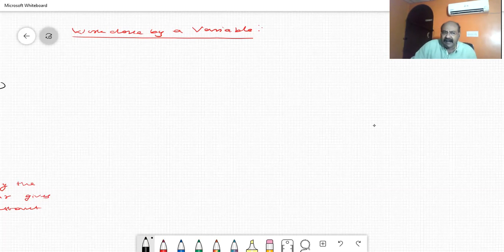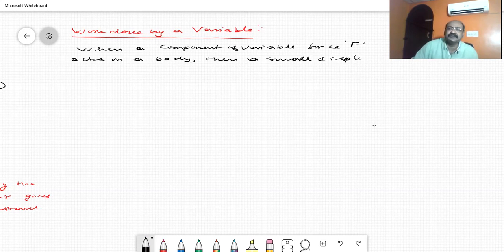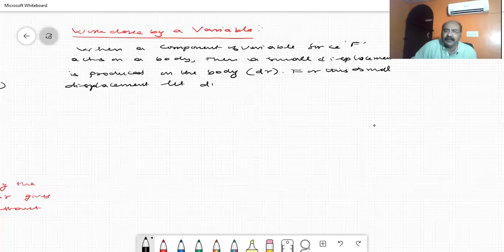So let us take it like this. When a component of variable force, let us take that variable force as F, acts on a body, then a small displacement is produced on the body, and that small displacement is represented as dr. For this small displacement, let dW be the work done.